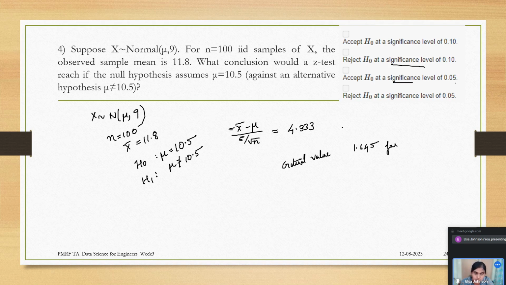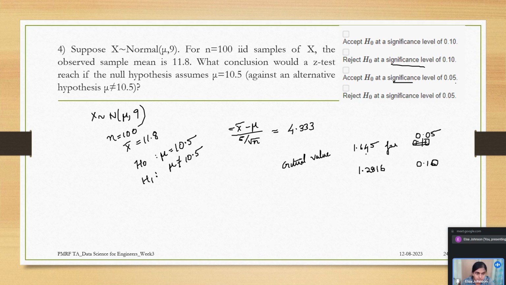For two-tailed Z test, critical value for significance level of 0.05 is 1.645, and for 0.10 the critical value is 1.2816. You can search this and you'll get these values. This is a two-tailed case, there are different values for the one-tailed case.